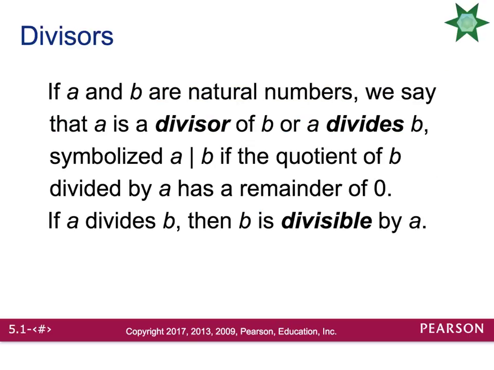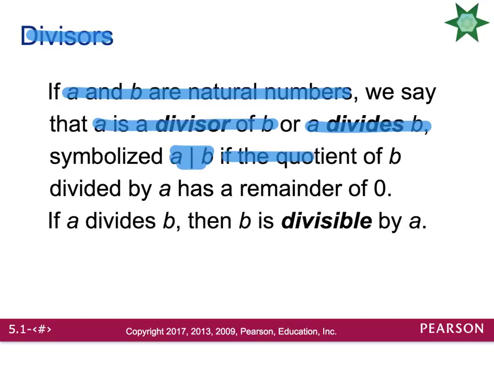Okay, let's talk about divisors. If A and B are natural numbers, that they're 1, 2, 3, 4, 5, 6, etc., we say that A is a divisor of B, or A divides B, which we use as this symbol right here, this bar, that straight up and down bar, if the quotient of B divided by A has a remainder of 0.